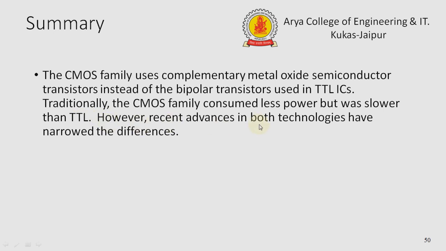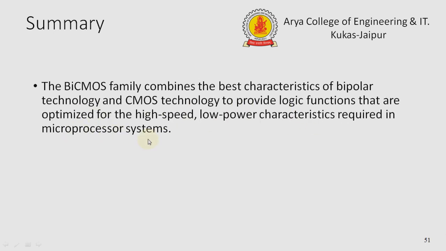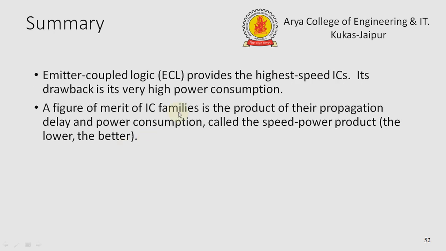However, recent advances in both technologies have narrowed the differences. The BiCMOS family combines the best characteristics of bipolar technology and CMOS technology to provide logic functions that are optimized for the high speed, low power characteristics required in microprocessor systems.